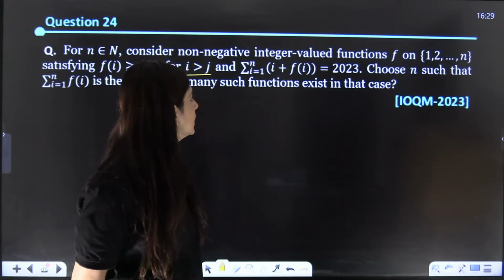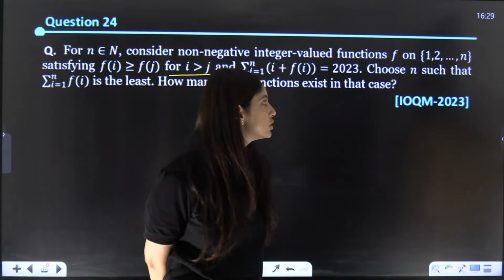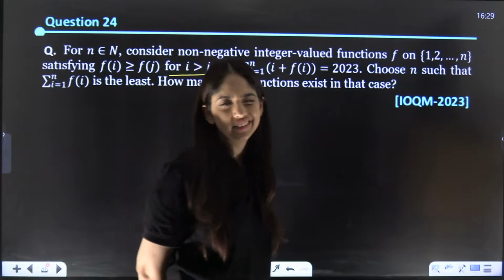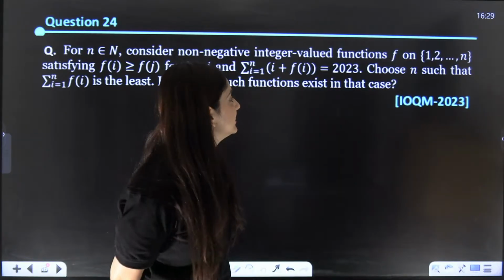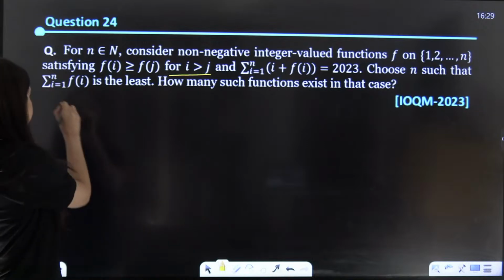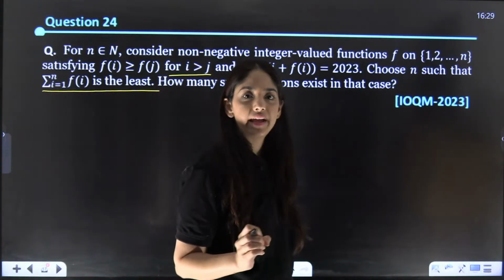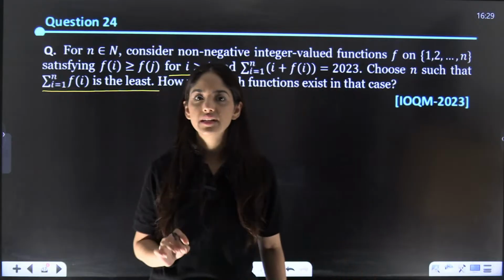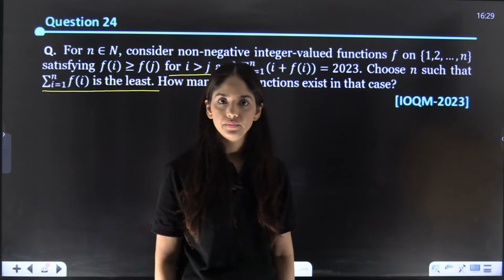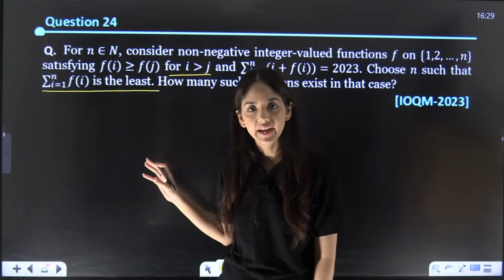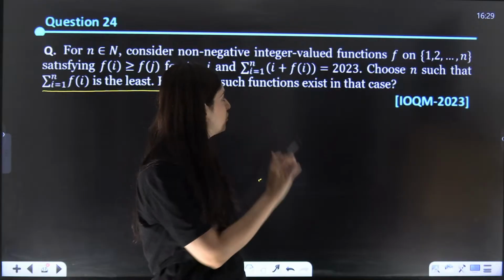And sigma of i plus f(i) for all i going from 1 to n is 2023. I think they picked the number because the year was 2023. So choose n such that sigma f(i) is the least. We have to pick the n such that sigma f(i) is the least. Now, how many such functions can exist? So first we have to find the value of n, and once we have n, we have to find f(i).